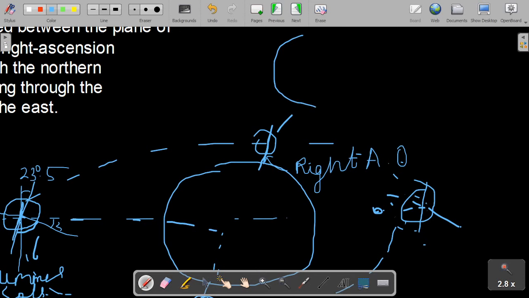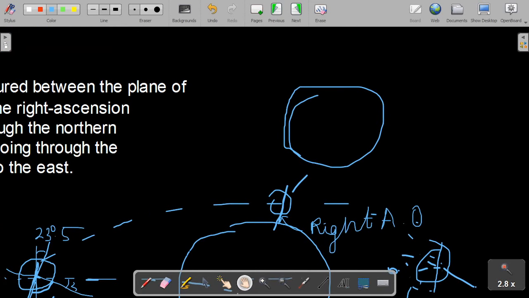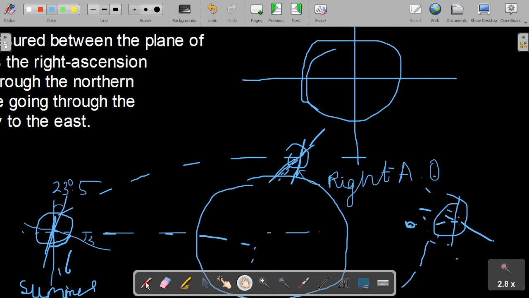Basically, the declination of the sun is 0. So you can say this line passes directly through the sun at the point of the vernal equinox.